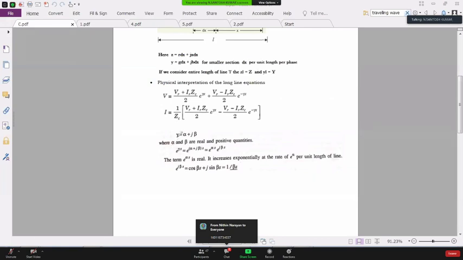So gamma is alpha plus j beta, then e power alpha x. Here x and s are the distance; s also means distance, x is the same distance. This is taken from another textbook, where the distance from x is denoted as s.